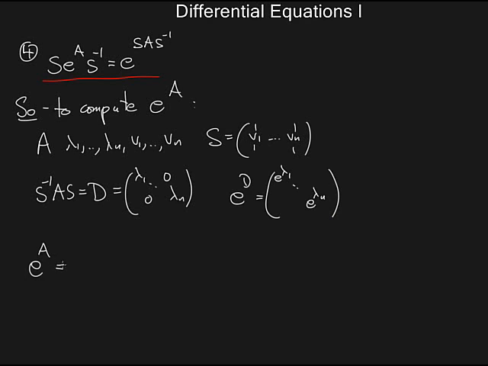What is e to the A? Well, let's see. A is S D S inverse. So e to the A is e to the S D S inverse. And you can pull the conjugation down. And we know e to the D. So that is a good way to compute e to the A.